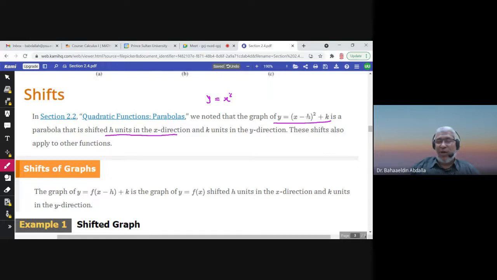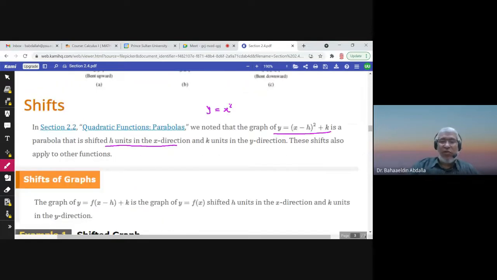If it is minus h and h is positive, for example x minus 1, x minus 2, we will go to the right. And if it is plus h, we will go to the left. Plus k here, up if k is positive, down if it is minus k and k is positive.